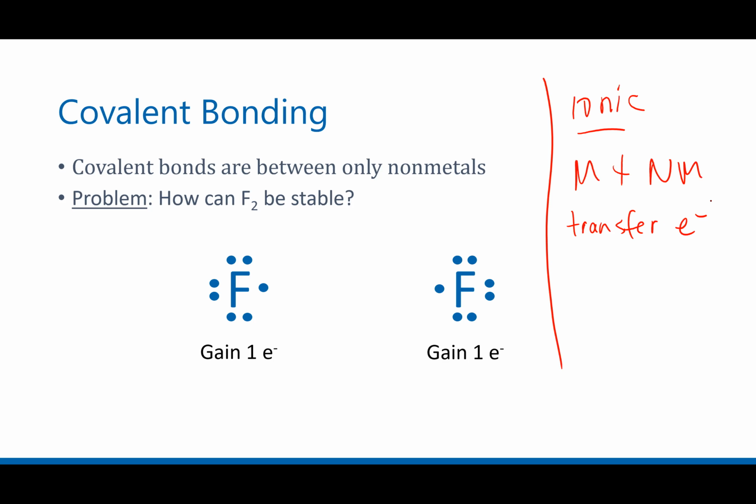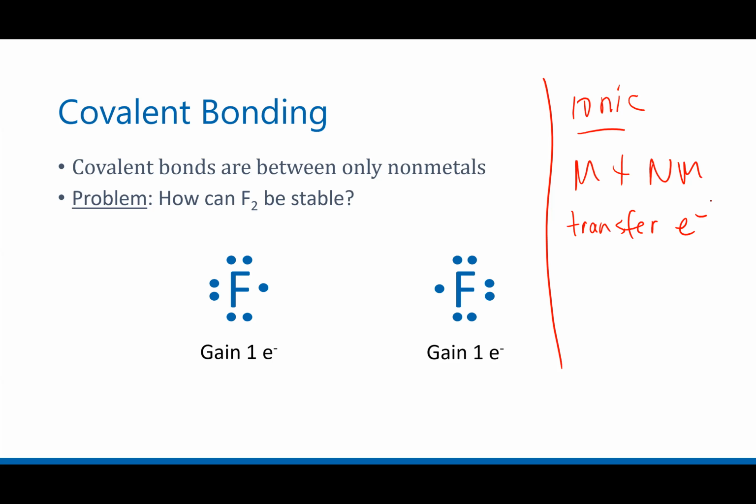They are between nonmetals only. So things that are to the right of the periodic table, to the right of the staircase. So things like carbon, oxygen, fluorine, chlorine, sulfur, nitrogen, these would be involved in what's called covalent bonding. Covalent, meaning they kind of share their valent or valence electrons.